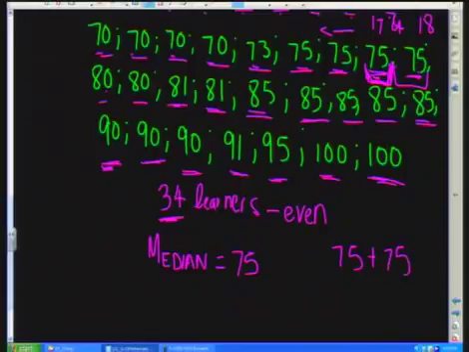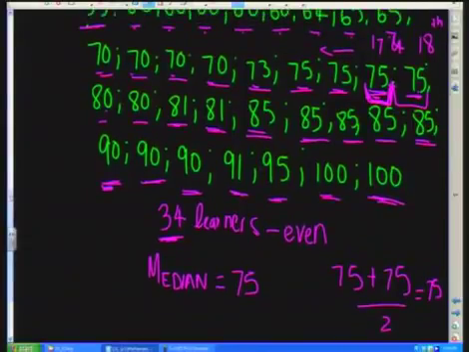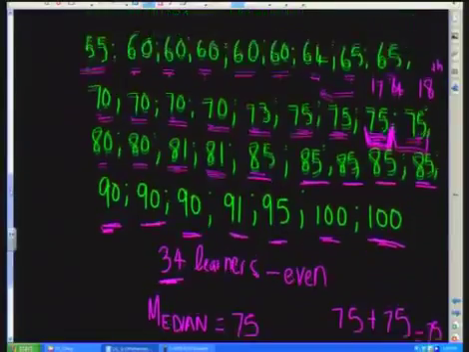Take the two numbers, divide by 2, and see what your middlemost value is. All right, so 75 is the median. Now what that means is that half of the values lie below 75 and the other half lie above 75.